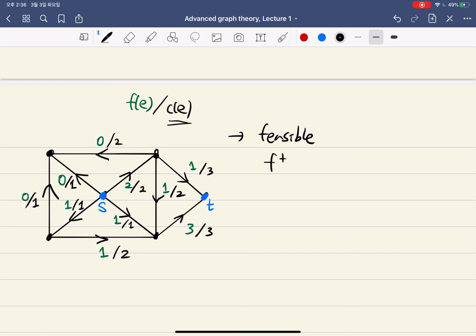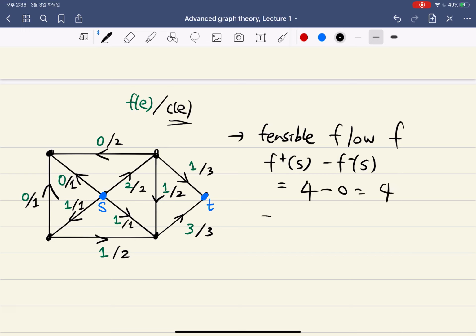And then what's the value of this flow? You take this source vertex, and it sends out 1, 1, 2, which is 4.